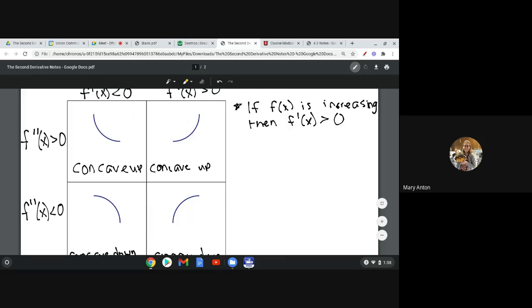Okay, y'all. On the side, another way you can think about this second derivative and its applications: if your derivative is increasing, that means you're getting faster.